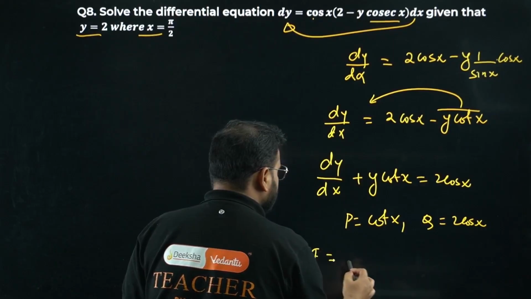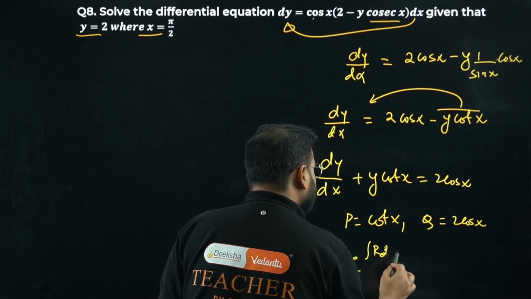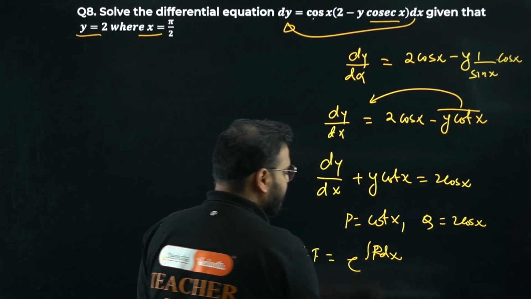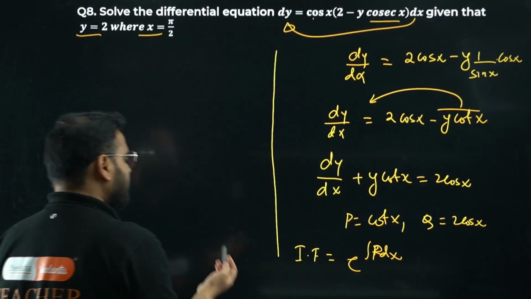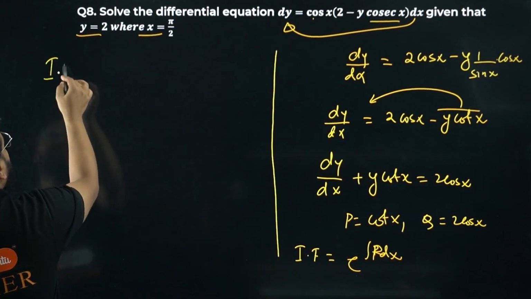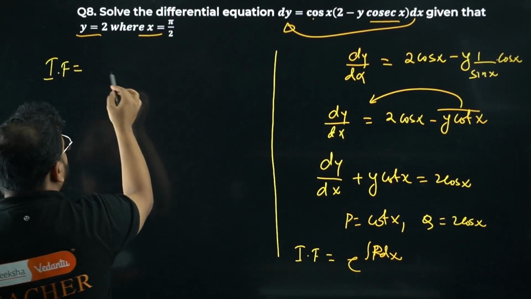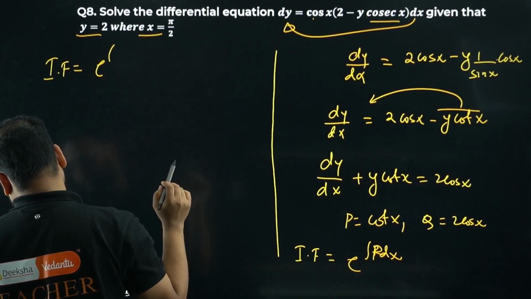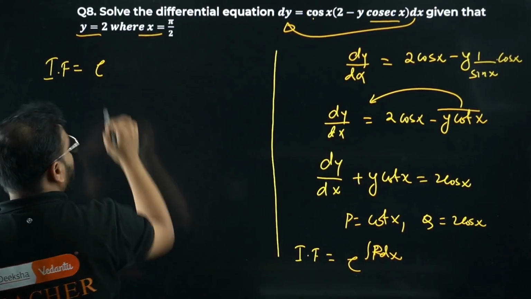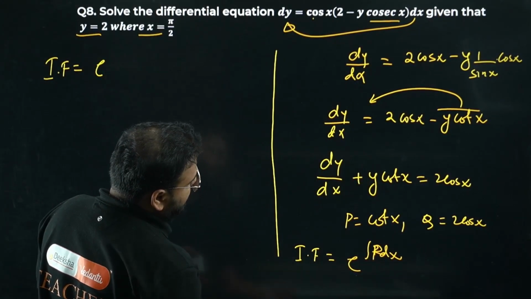So IF will look like this: e power integral of p dx. So how do you solve it? The integrating factor will turn out to be e power integral of cot x dx, right? P is cot x.